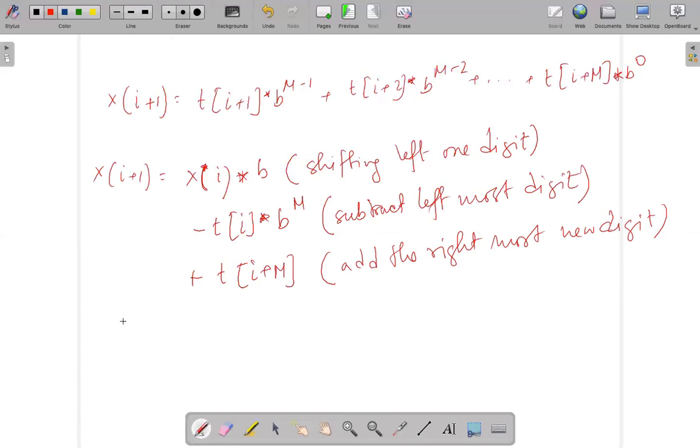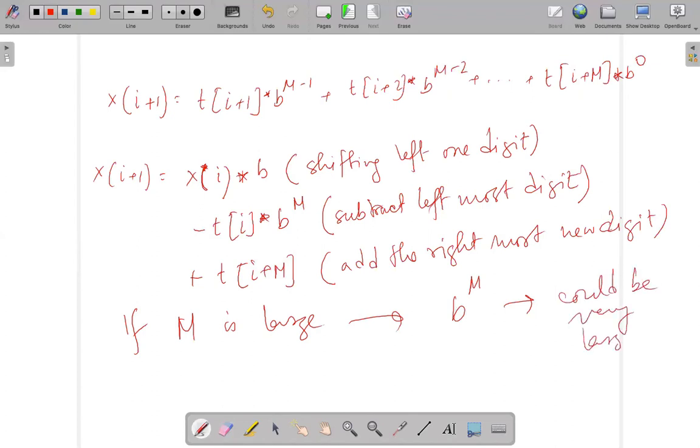Now if m is very large, then these numbers xi plus 1 etc. can be very, very large, okay? So in general b to the m is large. Could be very large.